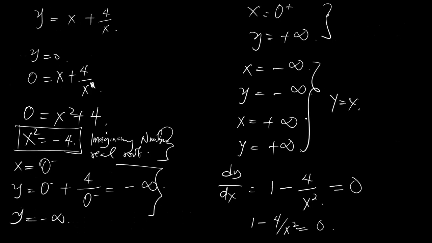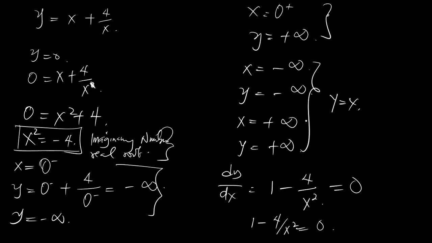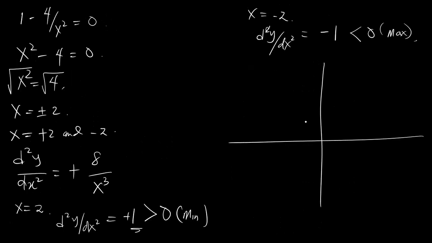Now, to draw this graph, there is no point where y is equal to 0. So where x is negative, you have negative y. So this place you have negative y. Now at minus 2, you have a maximum, so it's something this way.